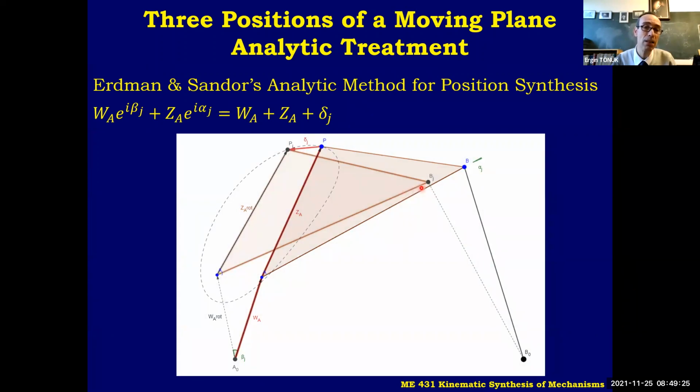For example, in this, actually the plane rotates in clockwise direction, okay? It's moving like this, and this is alpha j. It is the difference between, say, this angle. Let me just draw it. It's better, I guess.